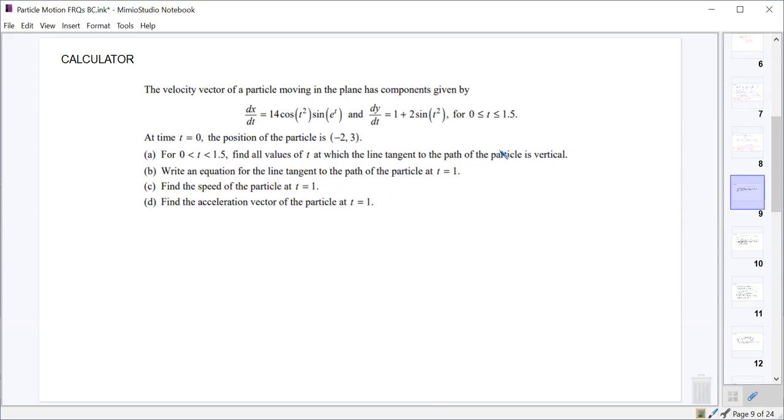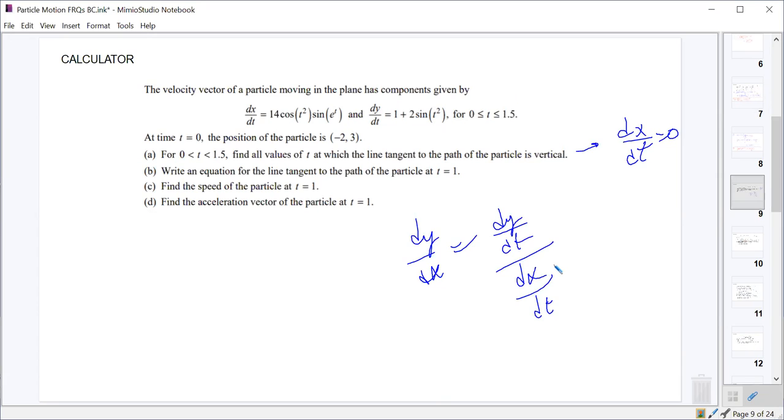If we want the tangent to the path of the particle to be vertical, that means that the slope is undefined, right? Which means that dx dt needs to equal 0, because dy dx is dy dt over dx dt.